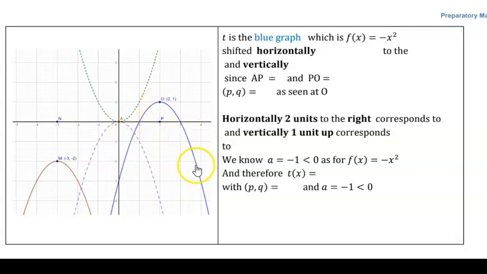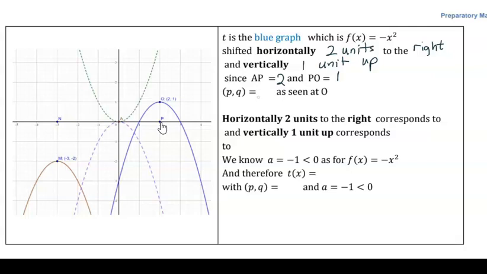The blue graph here is called T, and that is the graph of f that was shifted horizontally. If I look here from A to P, that is AP is 2 units and PO is equal to 1 unit. So horizontally it was shifted 2 units to the right, and vertically we've shifted 1 unit up. 1 unit up.